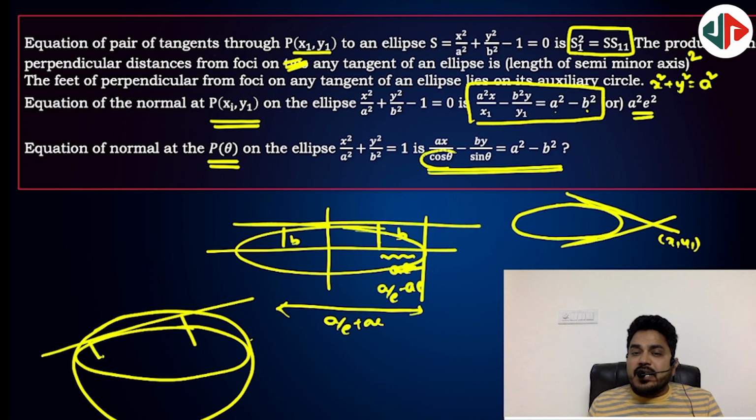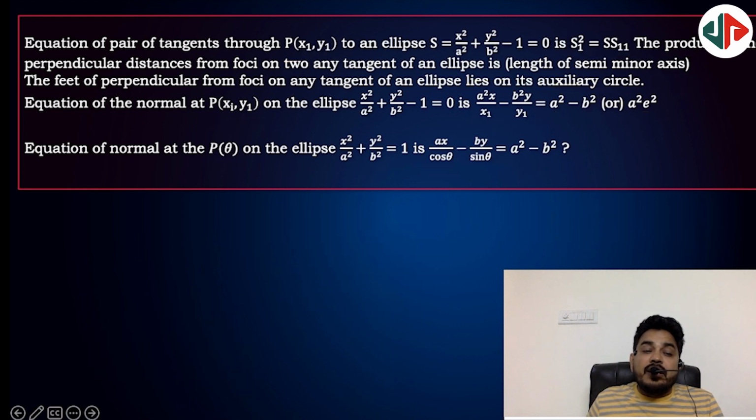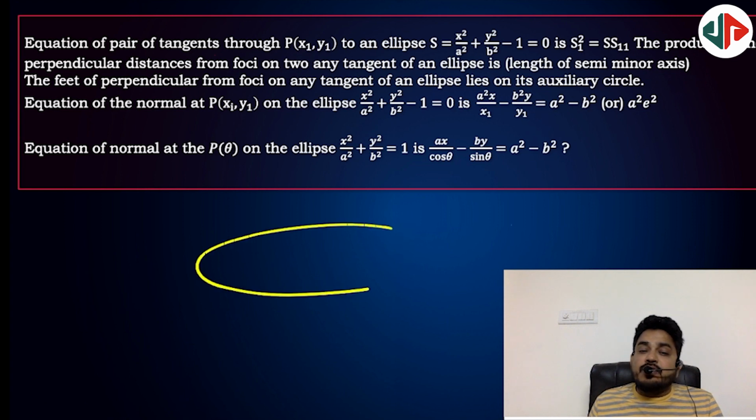If you replace cos theta sin theta with tan theta by 2, a biquadratic equation will come. So when a biquadratic equation is coming, what I can say is, for any ellipse from any external point, at most four normals can be drawn. At most four normals can be drawn.